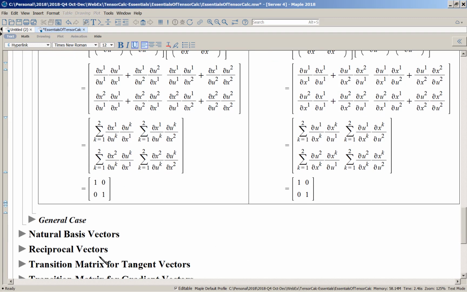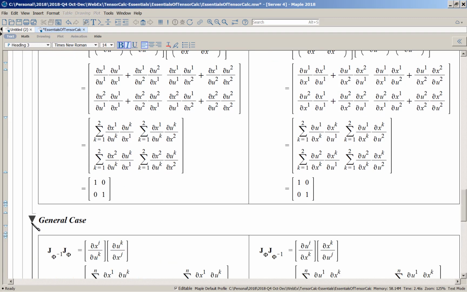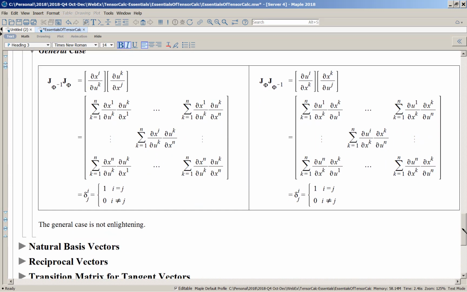The general case looks even worse, because this is what the general case looks like. You have 1 to n, a lot of dots, a lot of symbols, and out of this you are to construct the thought, the conviction, the confidence that the product of Jacobian matrices for forward and backward transformation in either order are inverse matrices.